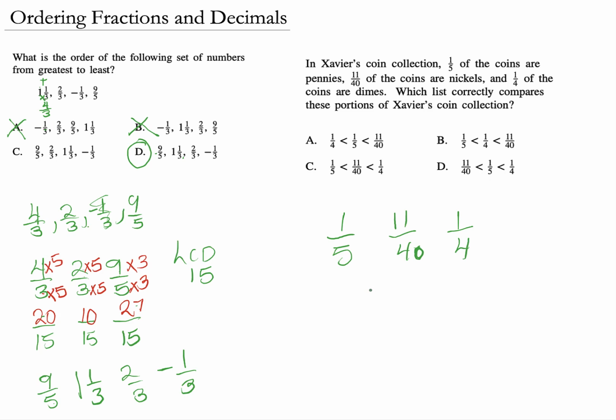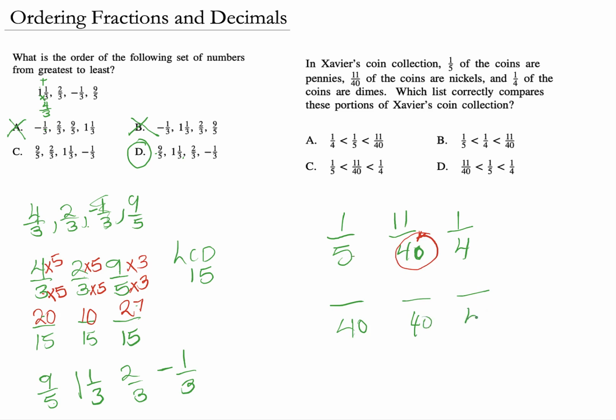So a little trick that I taught my college students is find the biggest number. So your biggest number is 40. Now, can 5 divide 40 evenly? The answer is yes. So you're like, okay, good. Can 4 divide 40 evenly? The answer is yes. So because the answer is yes, 40 is your LCD.